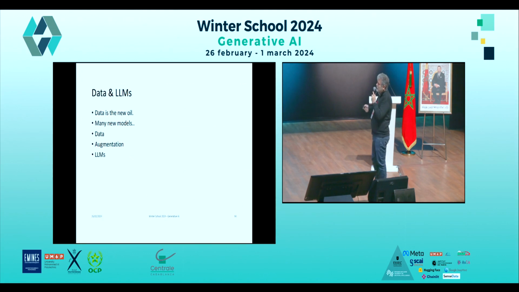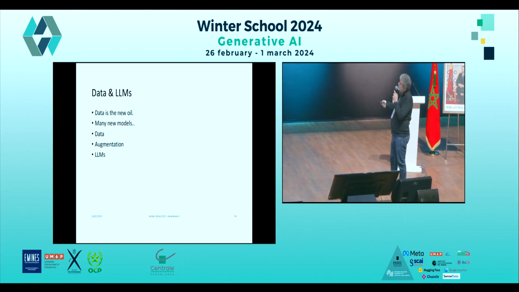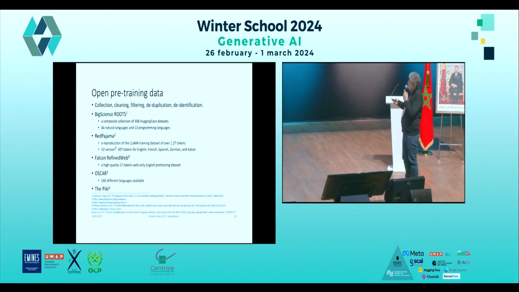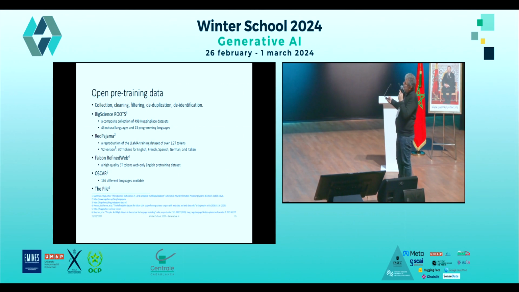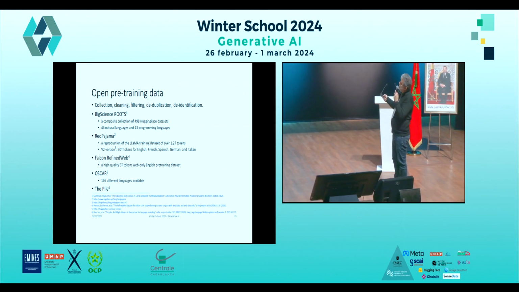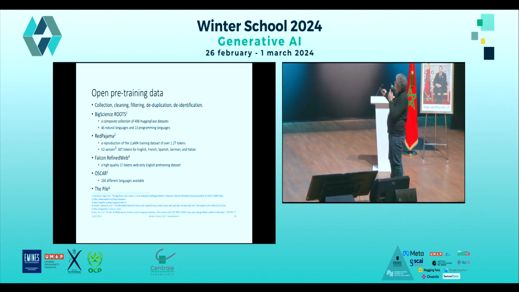So in order to train LLMs, we need data. And data, as we have heard a lot of times, data are precious. And let's see what is about data and pre-trained models. So we have several different collections of open source data that contain collection, cleaning, filtering, deduplication, which is important.